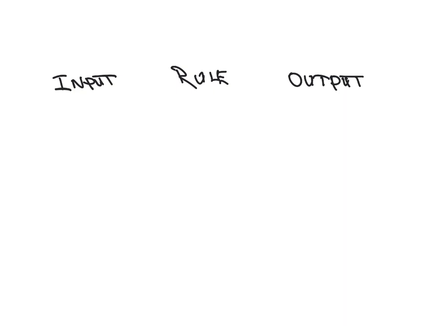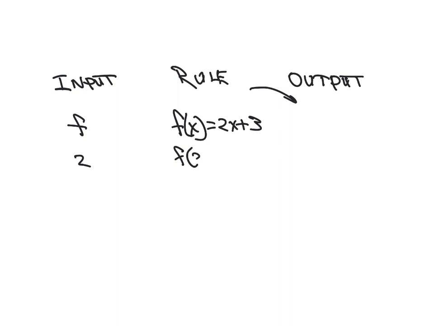So we have an f, the domain of f, our x value. We have a rule, and then we get an output based on that rule. So if our input was a 2, we'd have f of 2 equals 2 times 2 plus 3, and our output would be 4 plus 3 is 7.